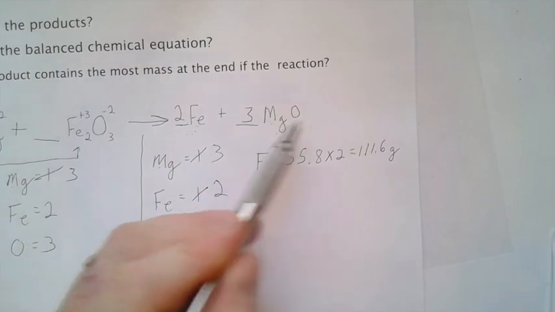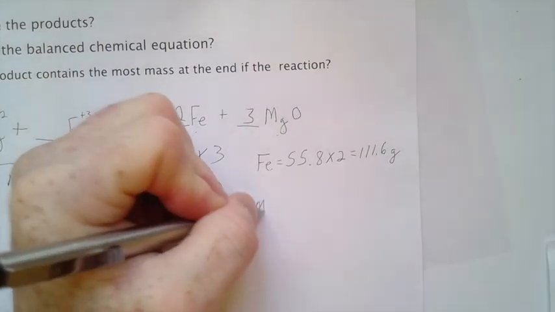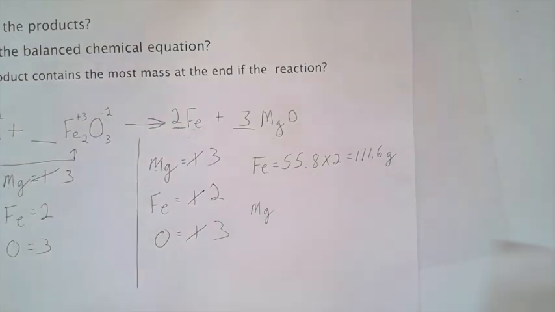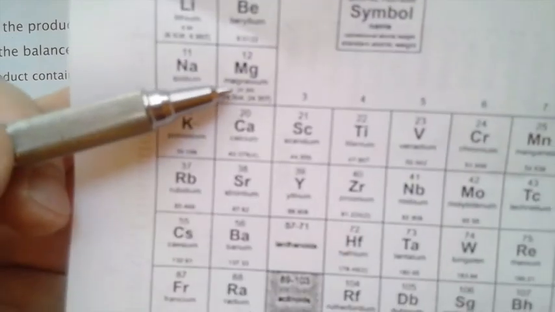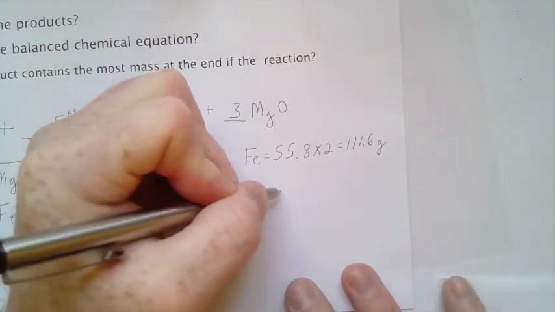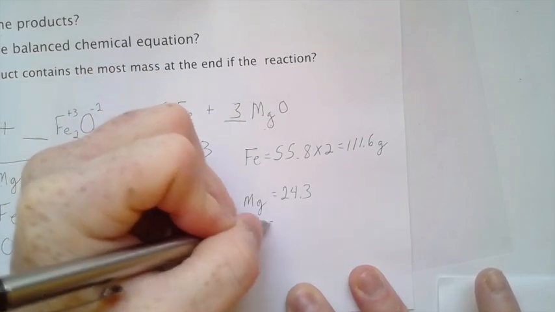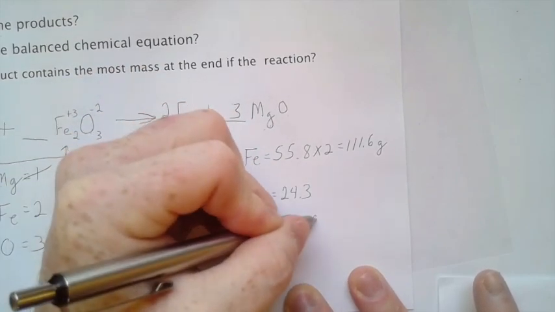Now we're going to do magnesium and oxygen. Magnesium on the periodic table is 24.3. Oxygen is 15.99.